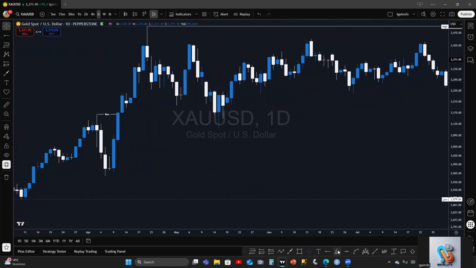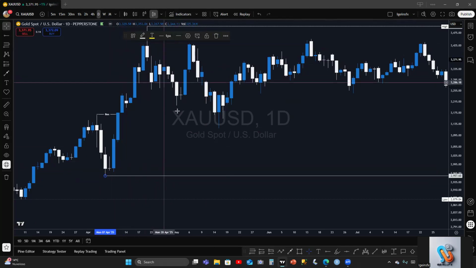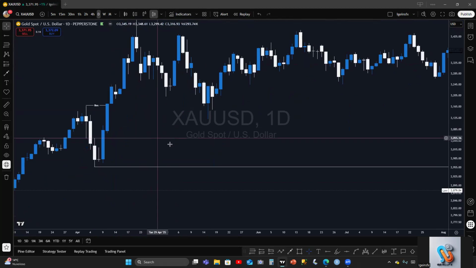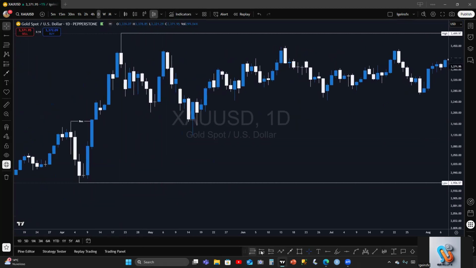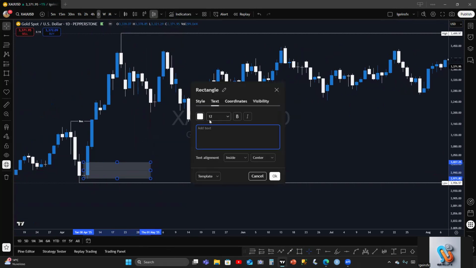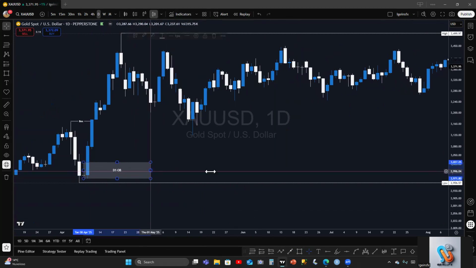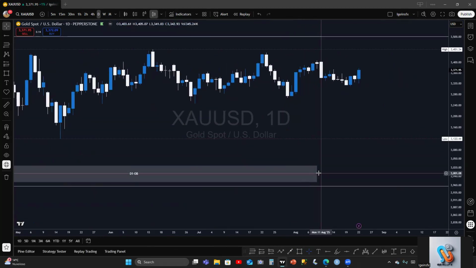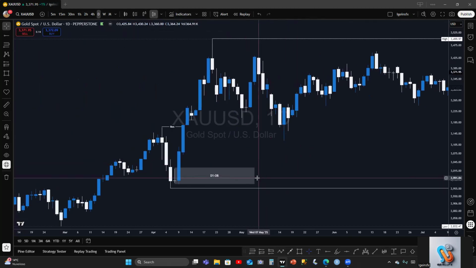And this point here is what caused the break of structure to the upside. This other block is still valid, it is a daily order block. You target D1 OB. When you see OB, it means order block. It's still valid, but it's still very far, so we are going to just leave it pending.